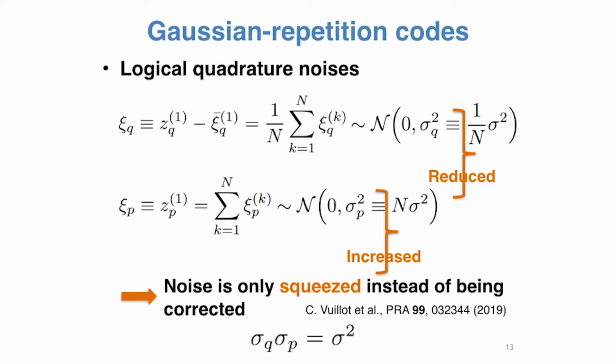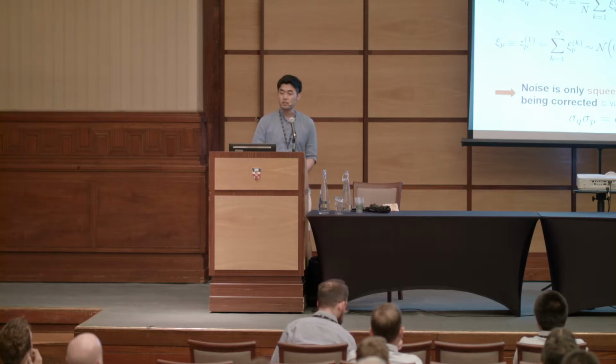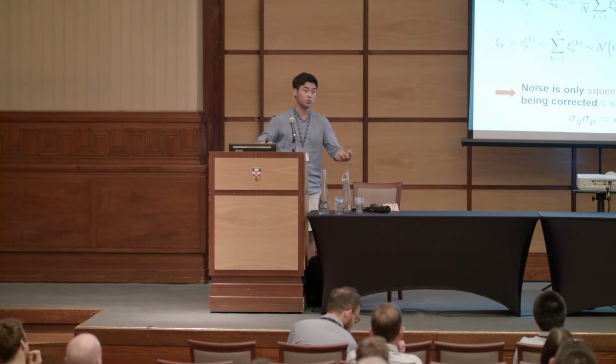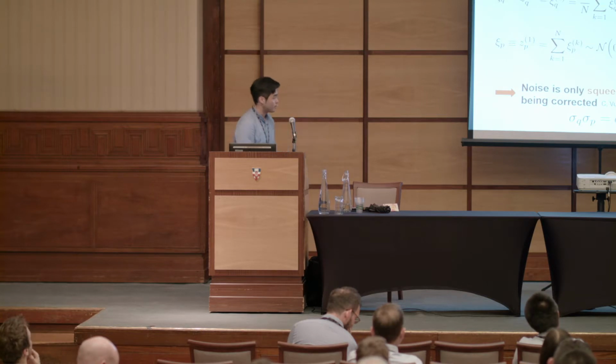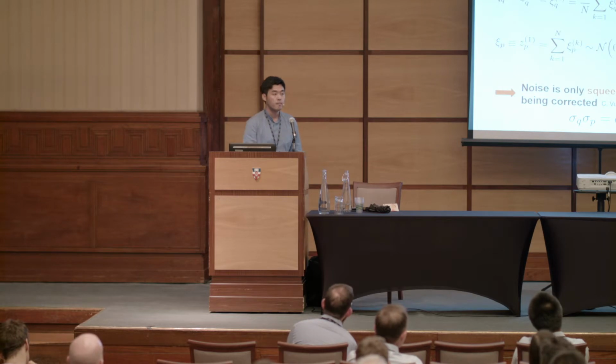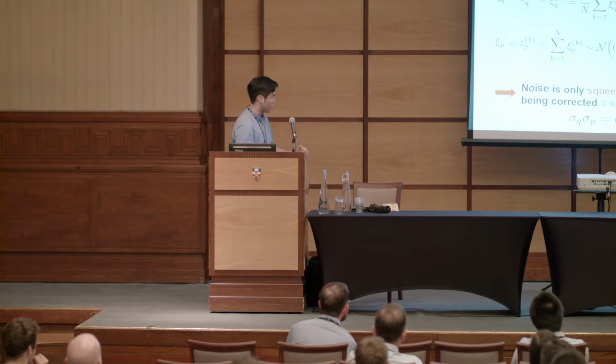But unfortunately, because the momentum noises go completely undetected, we have some effective momentum noise, which is increased exactly by the same factor. So what we have at the end of this scheme is that we only squeeze the noise instead of correcting it. So we just define some other noise channel, which is equivalent to the one that we started with up to some squeezing. So we ended up not correcting the error. And this was proven in the most general detail by Christoph and Barbara Terhal. So this is the situation we want to fix.